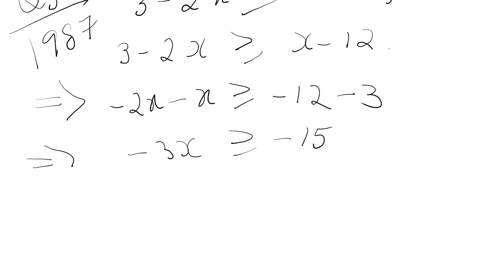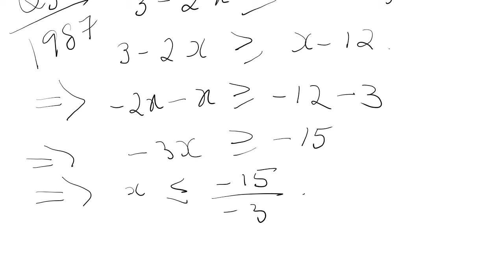Whenever you divide by minus 3 or a negative number, the inequality gets reversed. So in this case, x is less than or equal to minus 15 divided by minus 3. Understood? In order to get x, you have to divide both sides by minus 3.